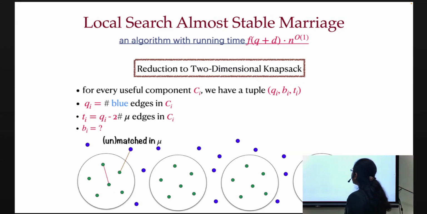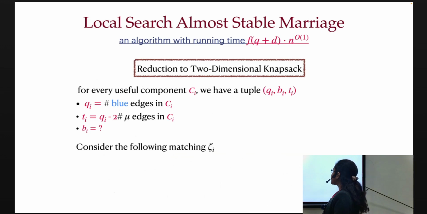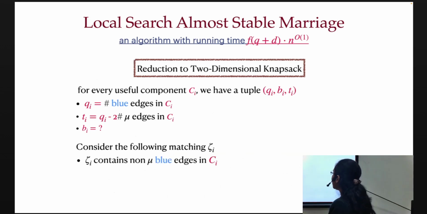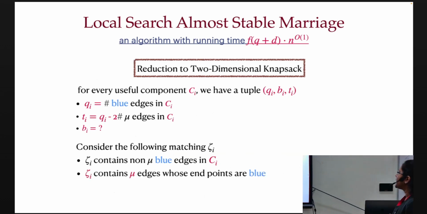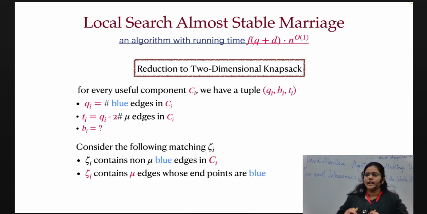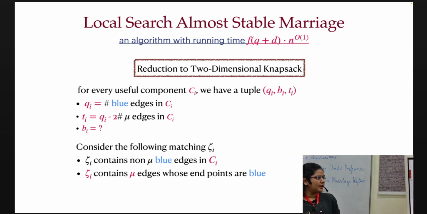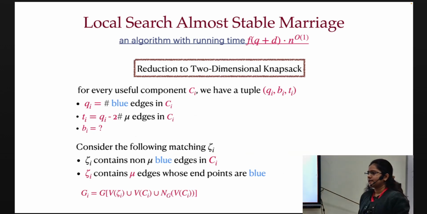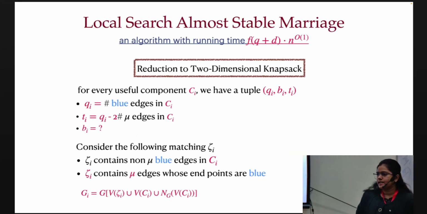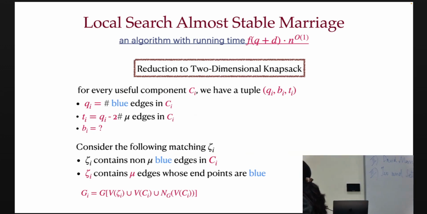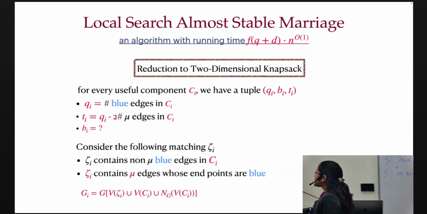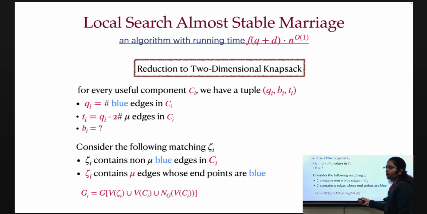Now let us compute a matching zeta i. Zeta i is basically the non-mu blue edges in Ci, and zeta i contains mu edges whose endpoints are blue, meaning outside these components. Now look at the graph induced by all the vertices in Ci and these zeta i vertices, along with their neighborhood, because the neighborhood can also contribute to blocking edges.